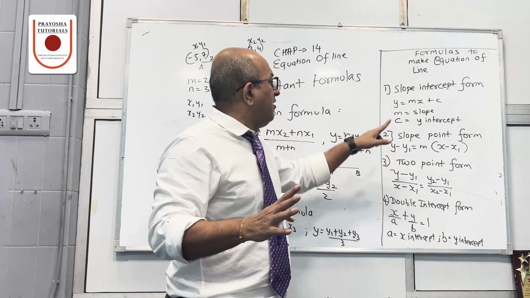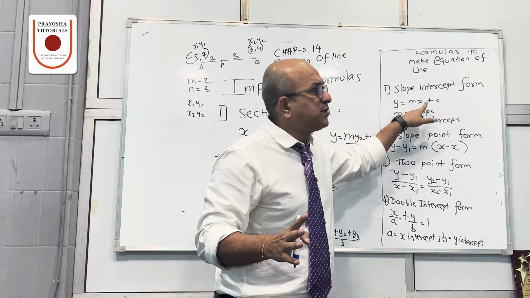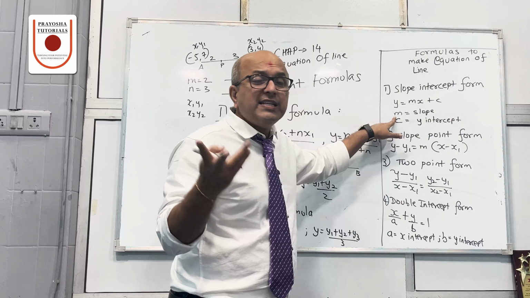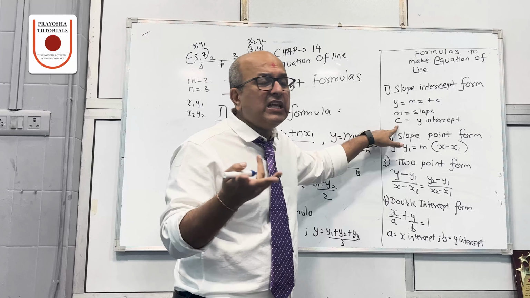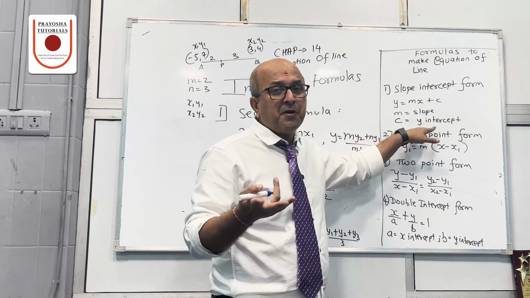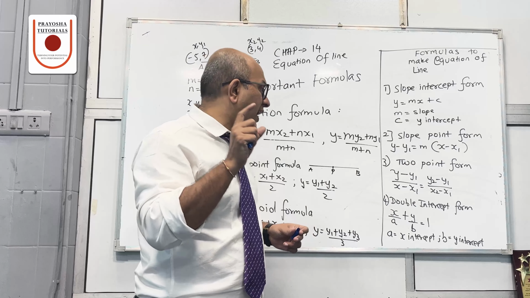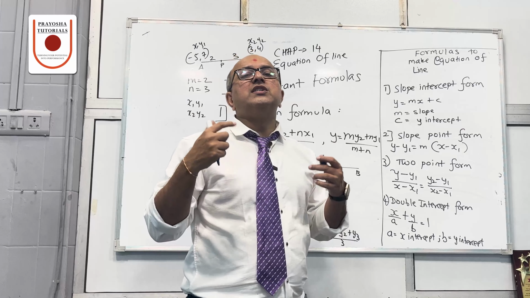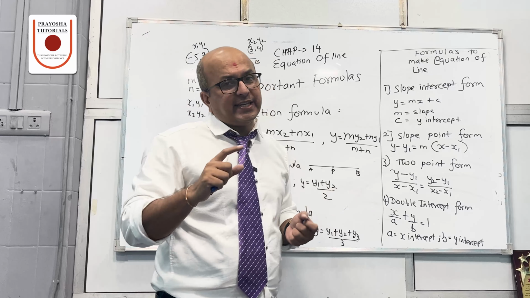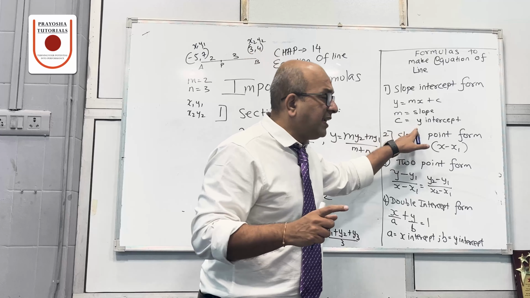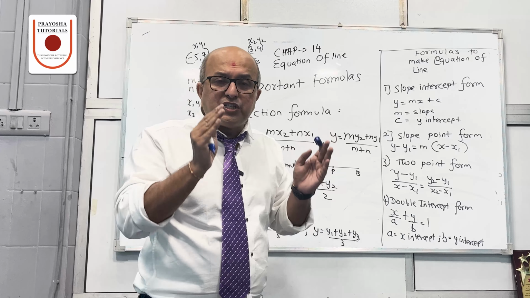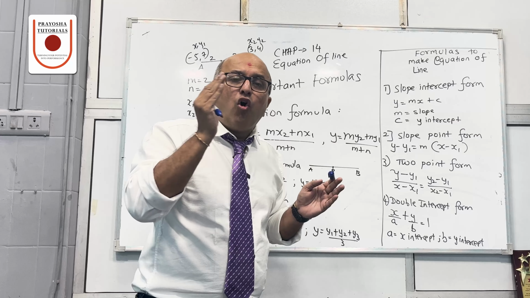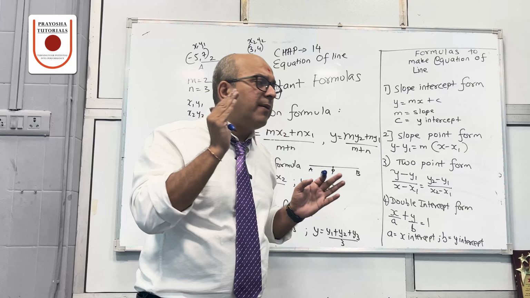One more time, y is equal to mx plus c. So what is m in that? m is the slope. What is c in this? Y-intercept. Now it is very important for us to know what is y-intercept and x-intercept. Y-intercept is the distance of a point on the y-axis from the origin.